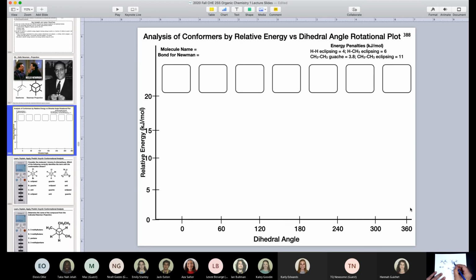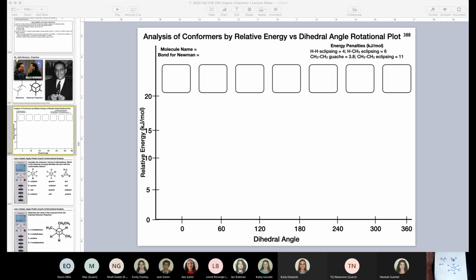So that is projected out towards you, so it should be over here. And then the H should be to the left. Does that help in terms of answering that question?